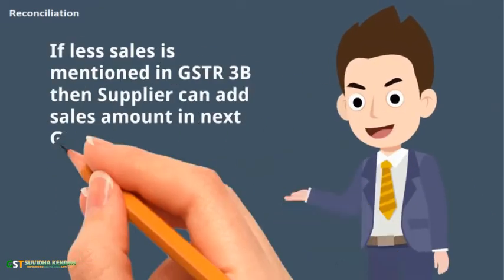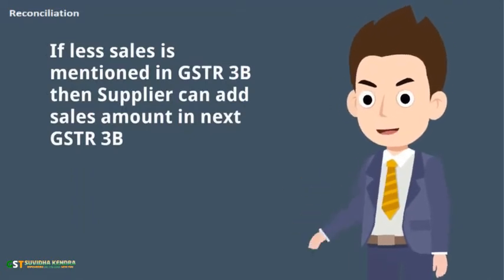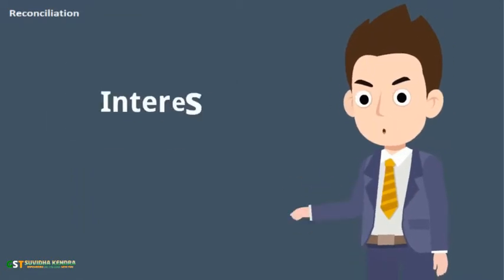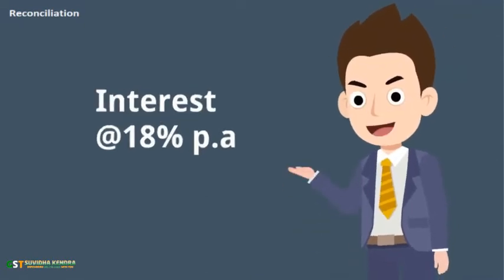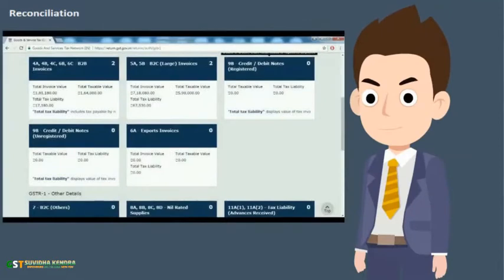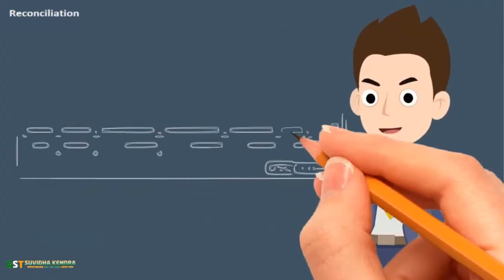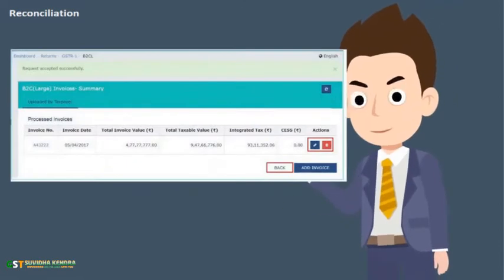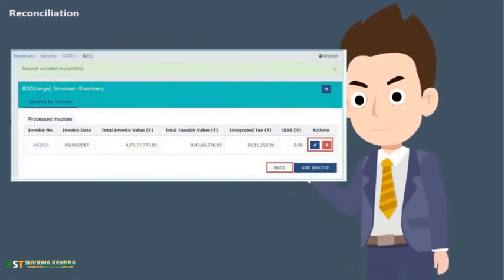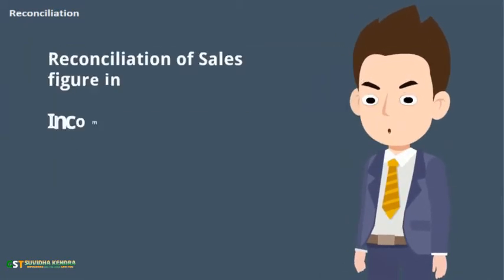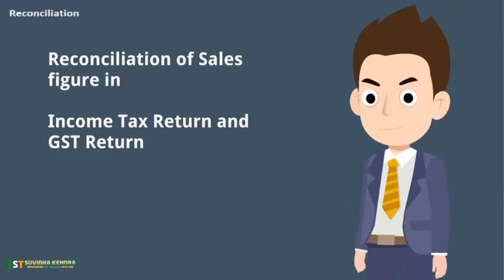So supplier can mention that sale in next GSTR 3B and supplier has to pay interest at the rate 18% per annum. If supplier has mentioned less amount of sale in GSTR 1, then supplier can correct that sale in next GSTR 1.